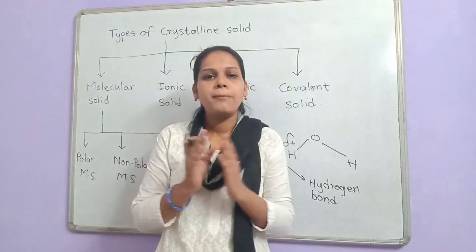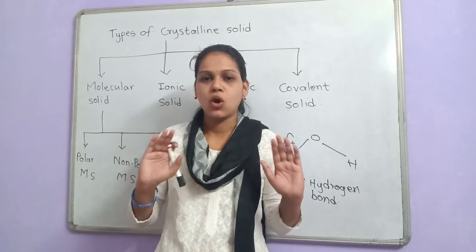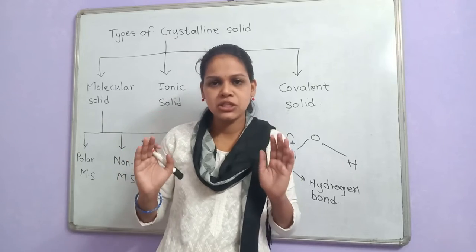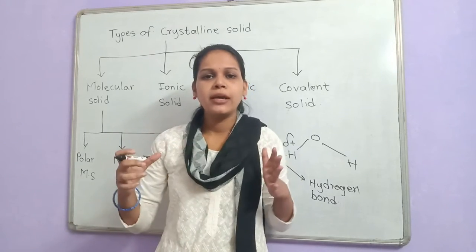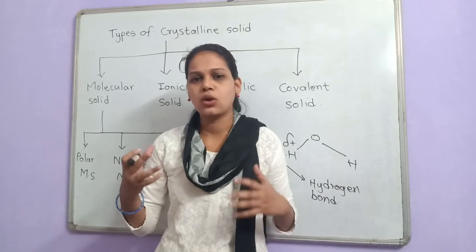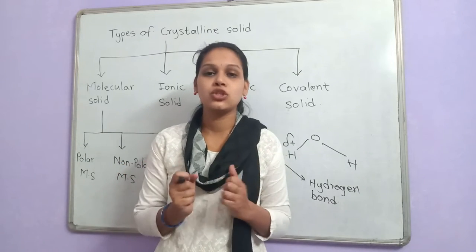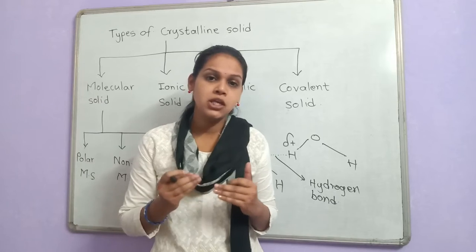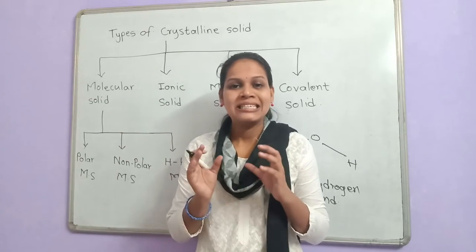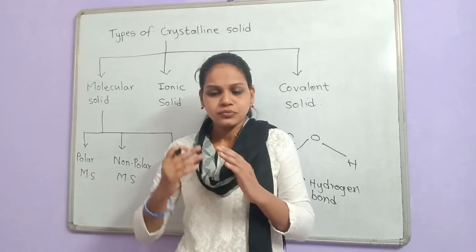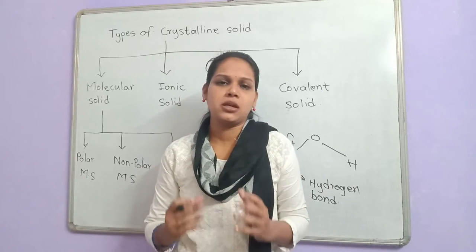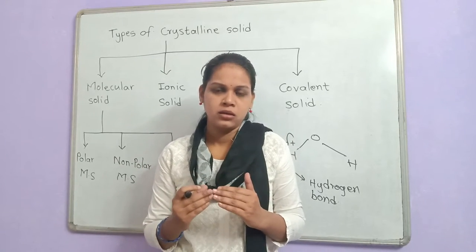This will compensate or neutralize the charges on cation and anion. Due to this, the bonding between these ions in ionic solids is very strong. As this bonding is very strong, the crystal is generally hard and the melting point of the crystal is very high.